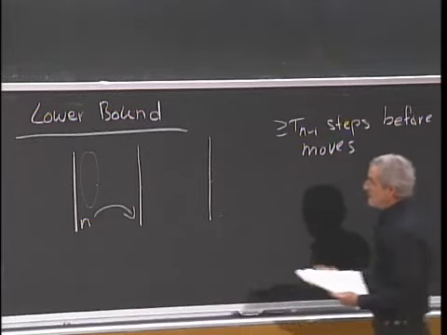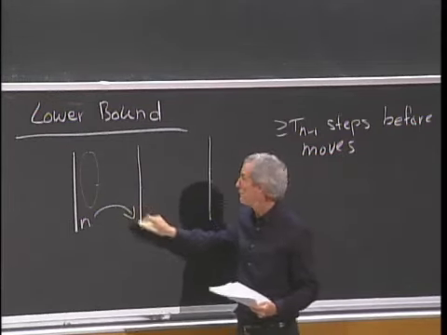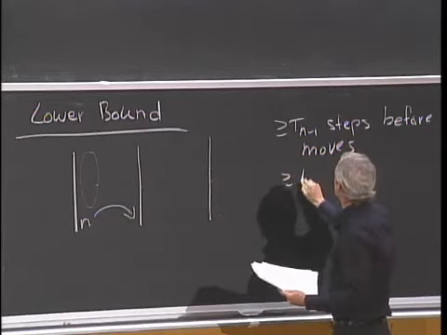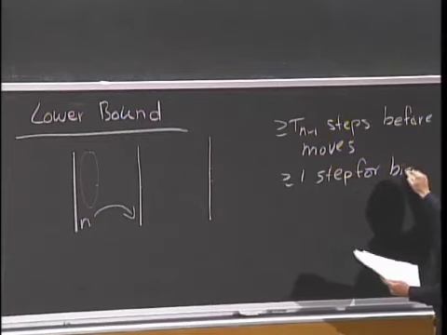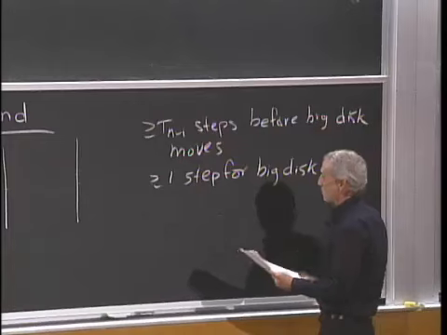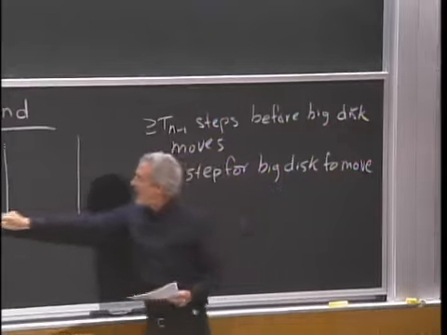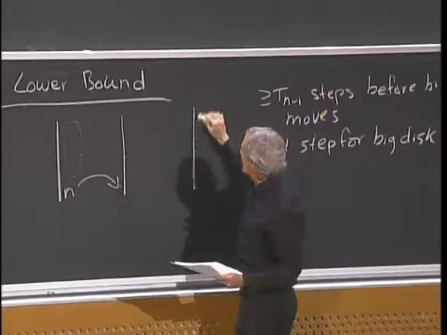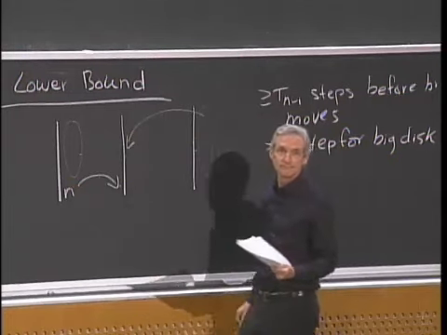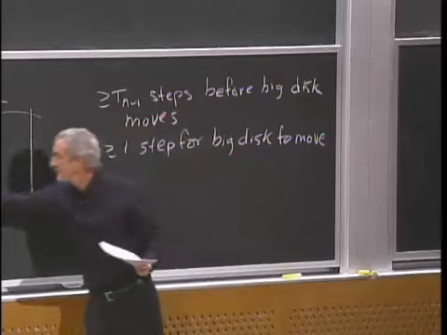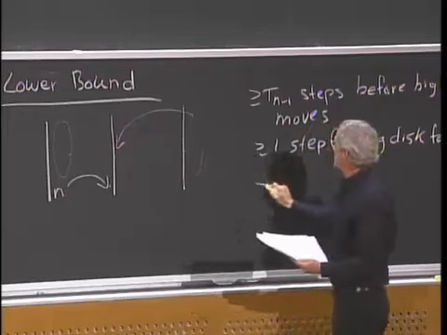All right? Then there is the step when the big guy moves. One step for the big guy to move, because it's got to move at least once. And then after it moves, I got to get everything else, one way or another, on top of it. At some point, after the last time the big guy moves, everything else has to go on top. And that's another T(n minus 1) steps.